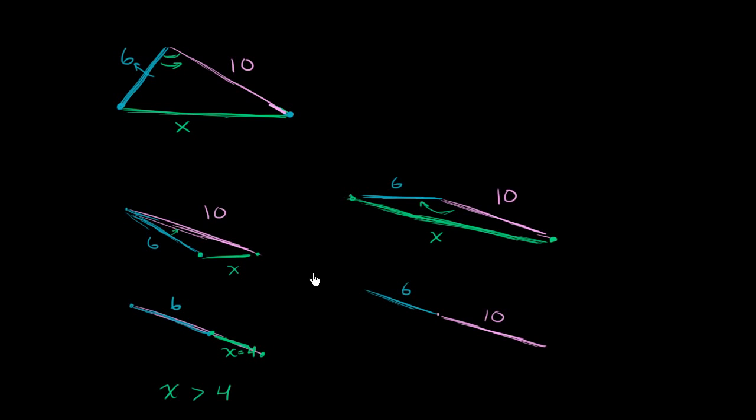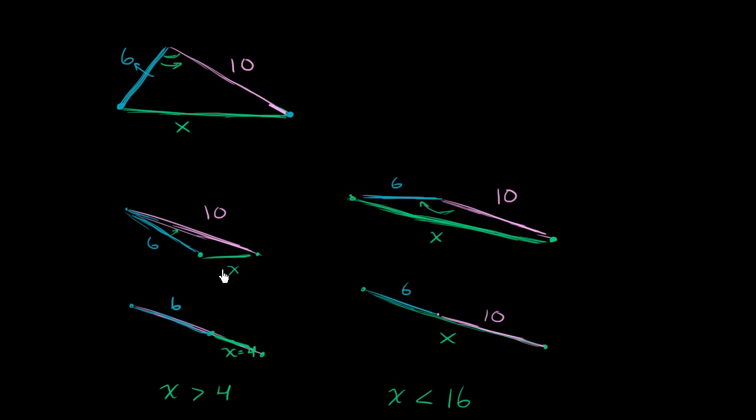Well, in this situation, what is the distance between that point and that point, which is going to be our x? Well, in this situation, x is going to be 6 plus 10, which is 16. If x is 16, we have a degenerate triangle. If we don't want a degenerate triangle, if we want to have two dimensions to the triangle, then x is going to have to be less than 16.